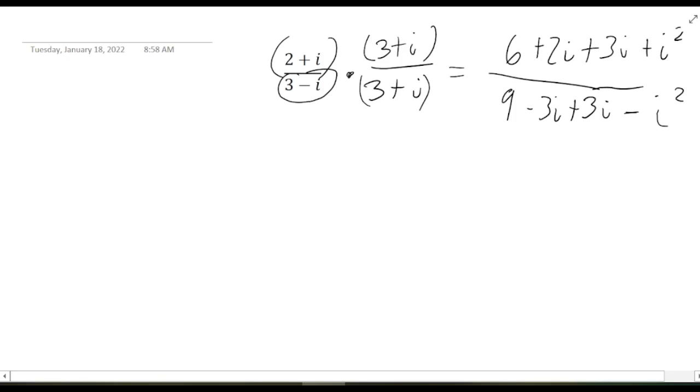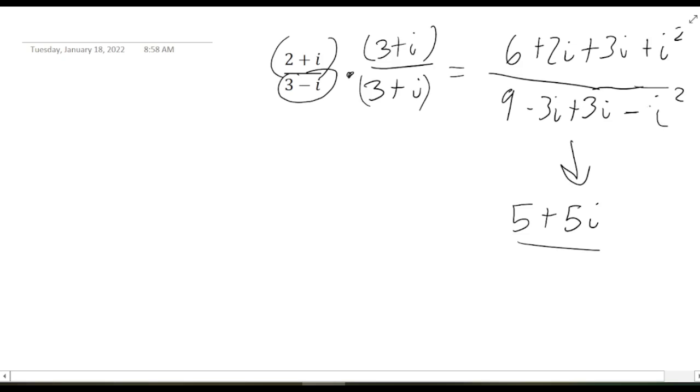Okay. And now I'm going to simplify all this. So 6 plus 5i. And then that i squared is a negative 1. So this is going to be 5. Excuse me. We know that these two cancel out: negative 3i plus 3i is going to equal 0. That i squared is going to be a negative 1.